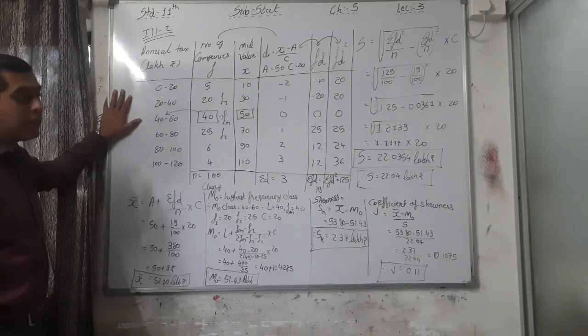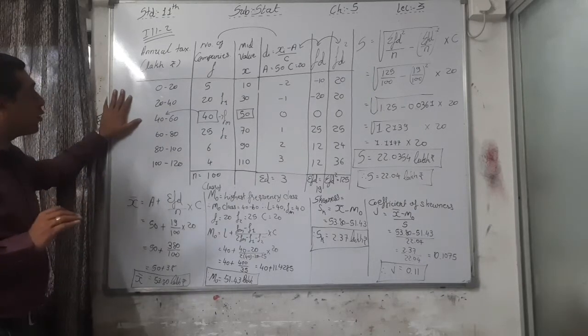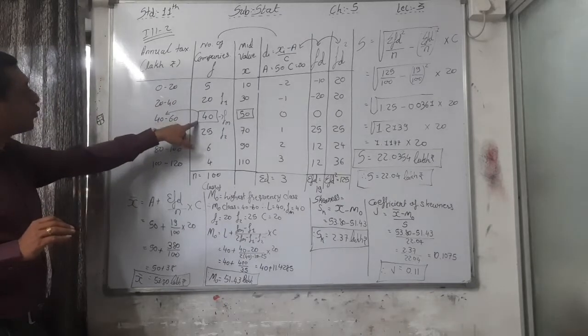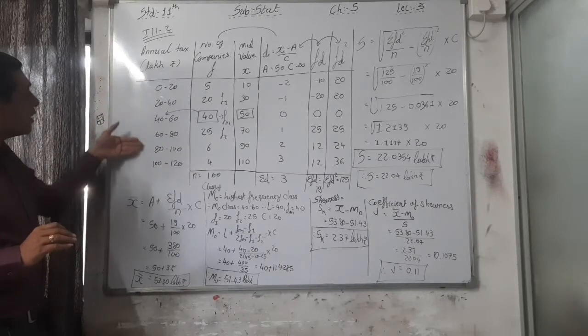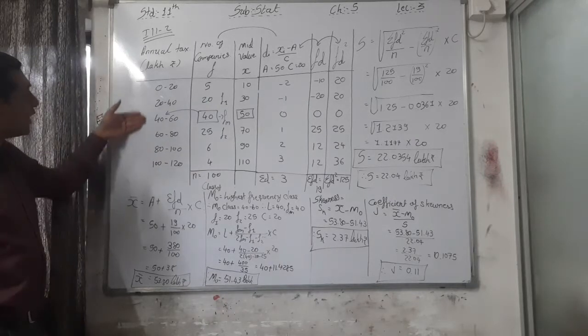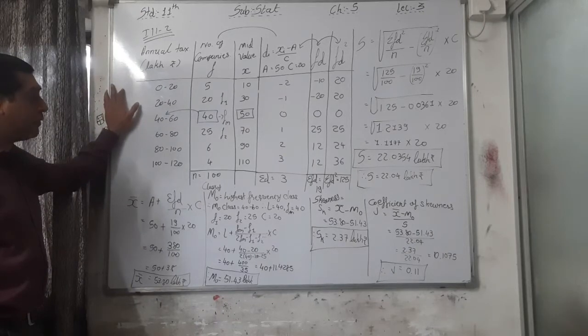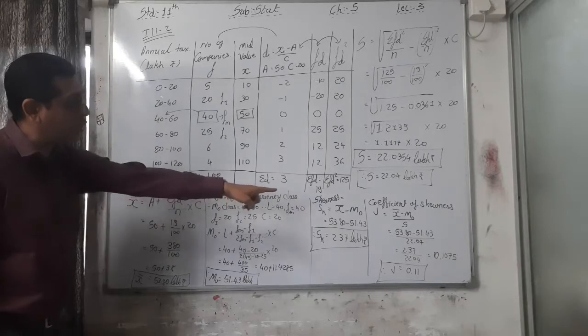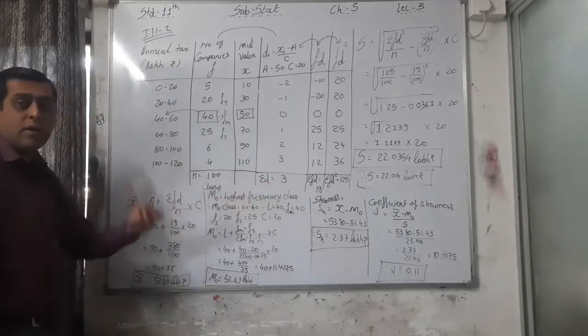First of all, we have to check whether the mode is defined or not. Yes, here the highest frequency is 40 and only one class has the highest frequency, and the class length of each and every class is equal. That's why we can say the mode is defined, and so here we can use Sk is equal to x bar minus mode, and J is equal to x bar minus mode upon s.